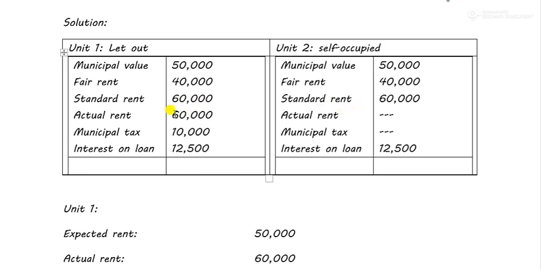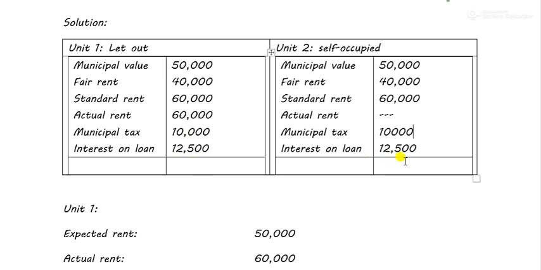Actual rent is 5,000 per month, so 5,000 into 12 is 60,000, and actual rent here is nothing. Municipal tax here is 10,000 and here also 10,000. Interest on loan here will be 12,500 and here also 12,500.